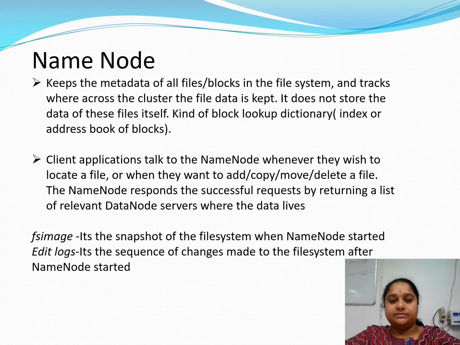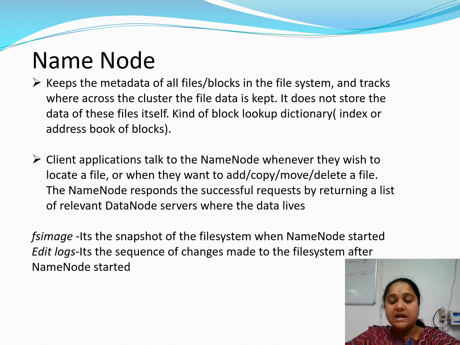What is name node? As I already discussed, it keeps all the metadata of files and blocks in a file system and tracks the cluster across the file data. Name node actually does not store the data. It just distributes the data. It just has the location and the log files of the data.